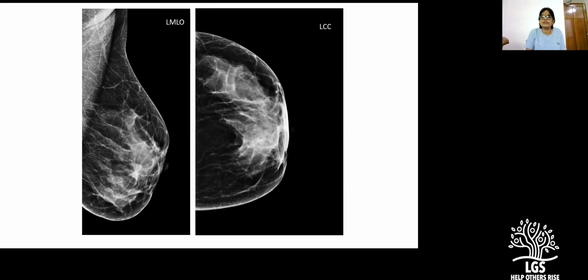There was no common platform in understanding radiology-guided interventions. So in 2009, I invested in a digital machine, the first in this part of the country, a Hologic 2D digital machine.